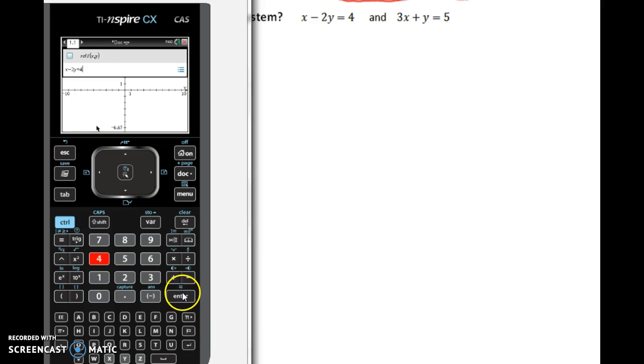And just press enter. Wow, it graphs without solving for y. It's crazy. TI-Nspire is the best. 3x plus y equals 5. Press enter. It graphs.